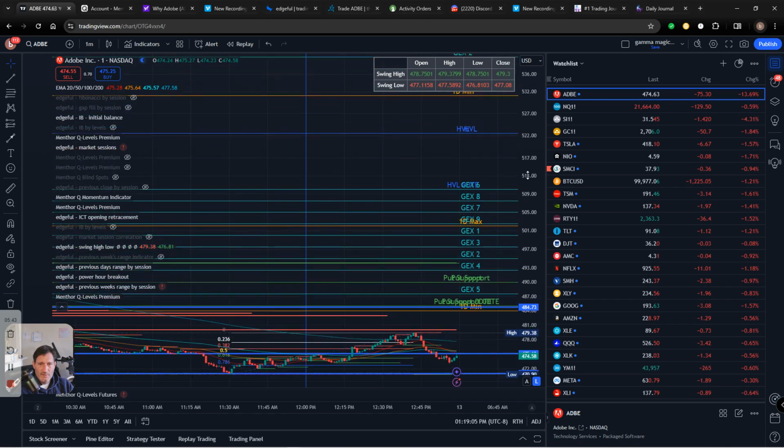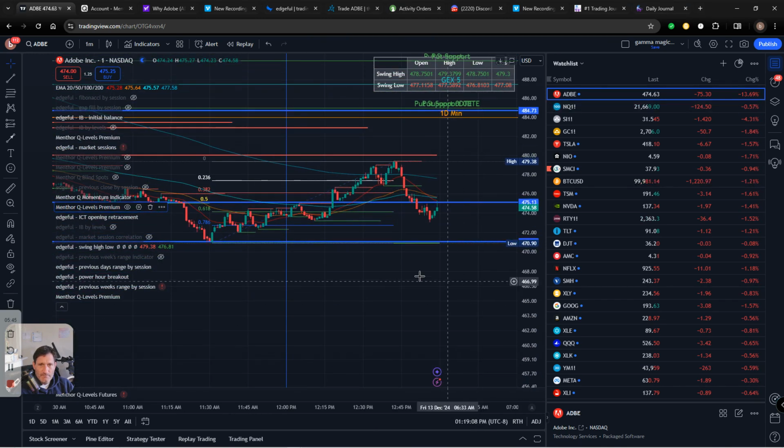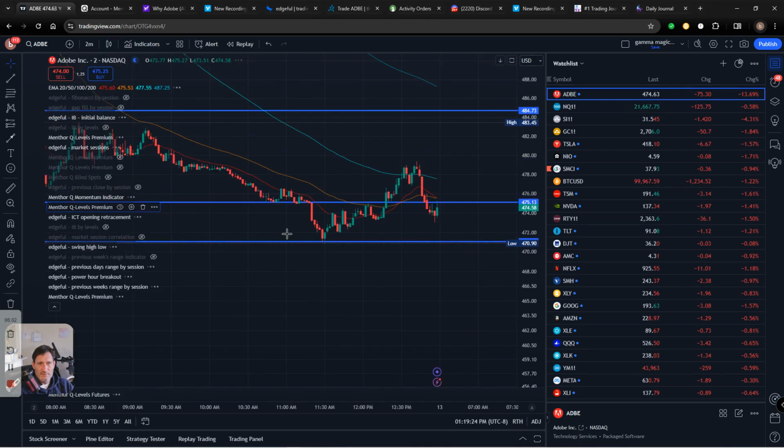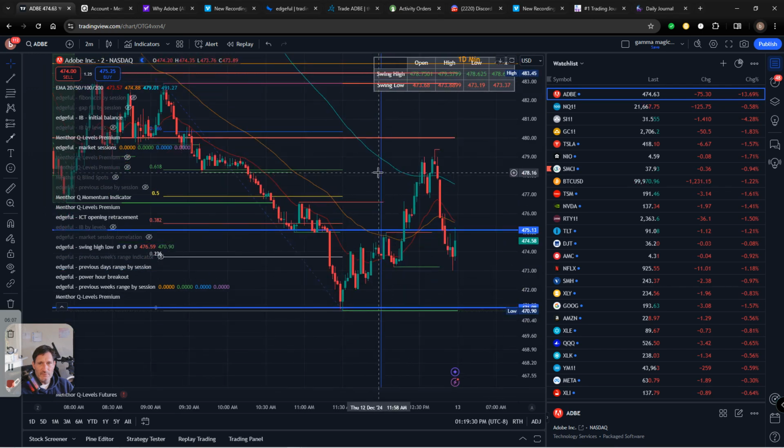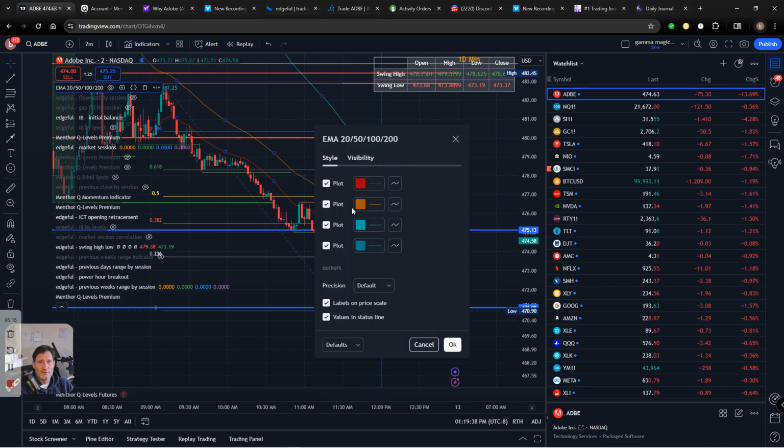But in the future, looking at what I could have done better, using this Mentor Q momentum indicator here, you can see it puts the Fibonacci levels on for you. And on the 2-minute, I believe, yeah, we retraced up to that 618 level, Fibonacci level, and also this moving average here, the 100 moving average.